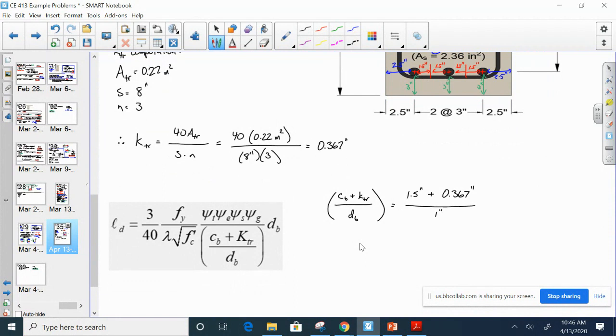D sub B was 1 inch, which is 1.867. And the reason why that's important is because this value can't exceed 2.5. If it does exceed 2.5, we just use 2.5 in our development length calculation.